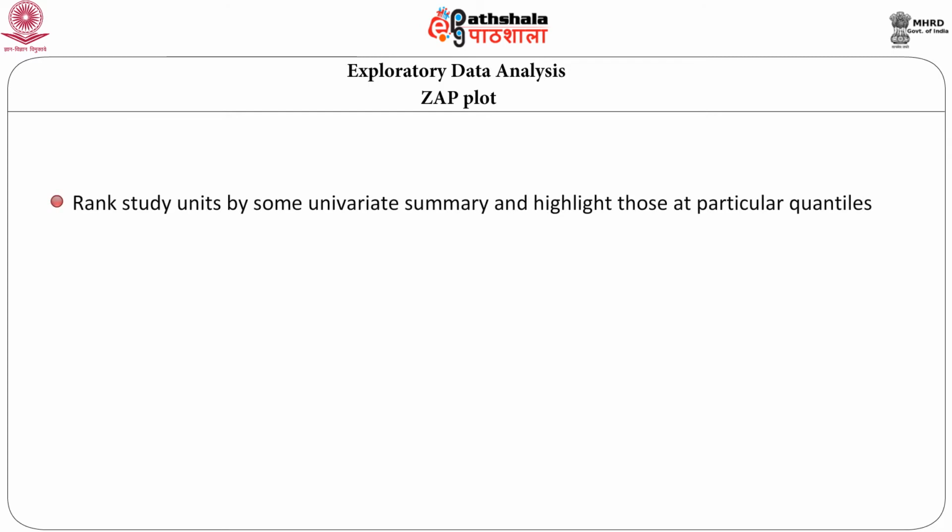Here what we do is we rank the study units by some summary measure and highlight those units who fall at some particular quantiles. For example, we regress Yij on Tij. Yij is the response of the ith unit at the jth time point and Tij is the associated time point. And we get Rij, the residuals.